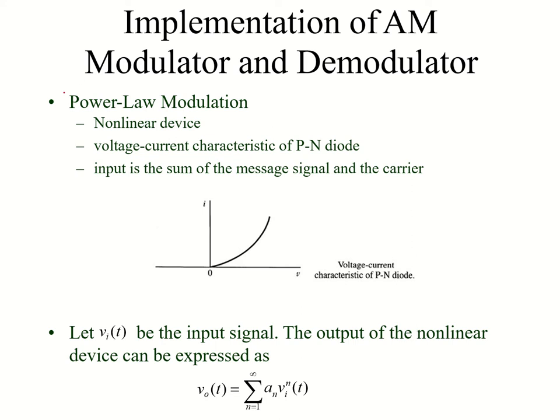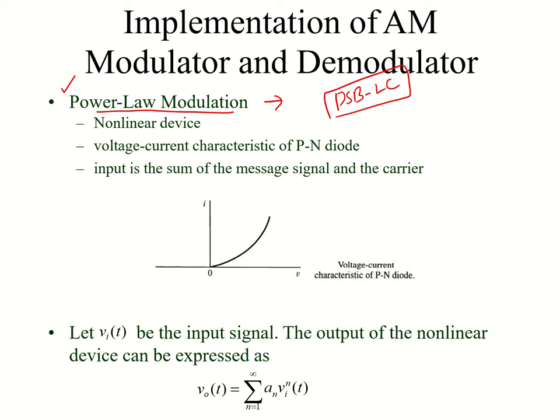So the first technique we are going to learn is power law modulation. This is typically used for double sideband large carrier AM modulation signal generation.